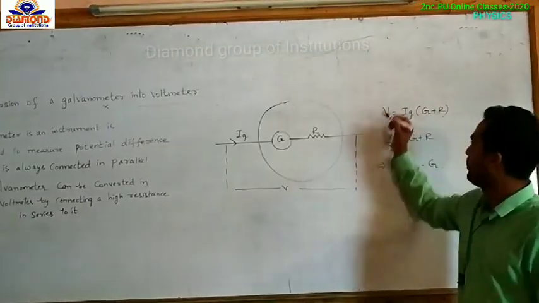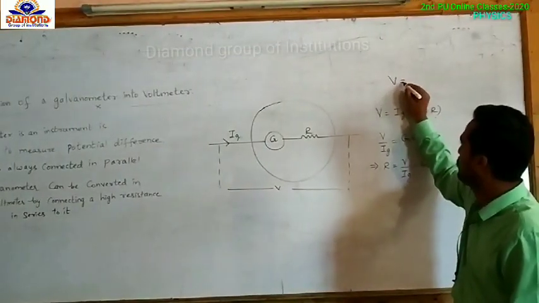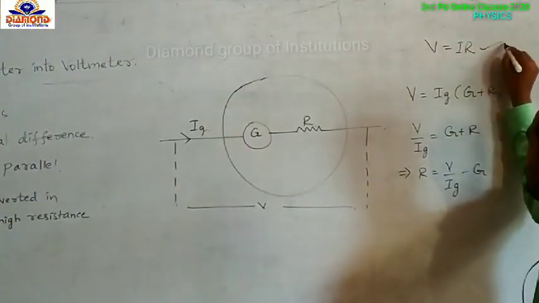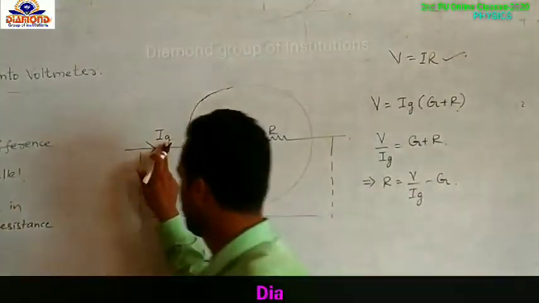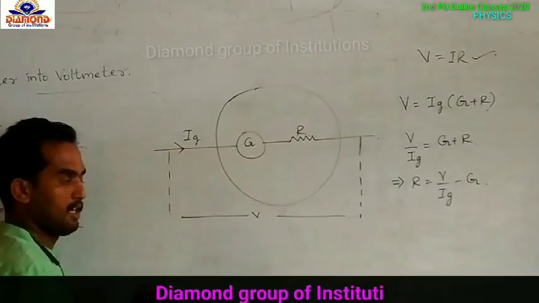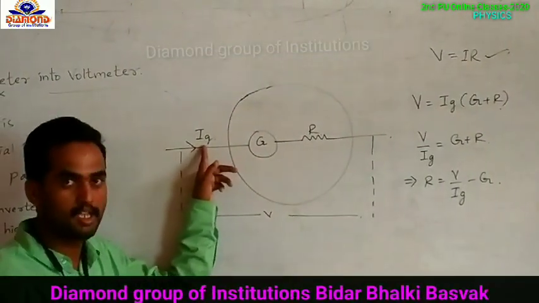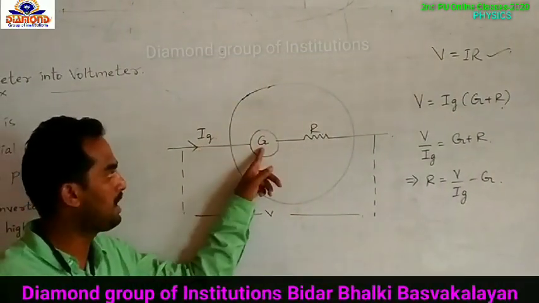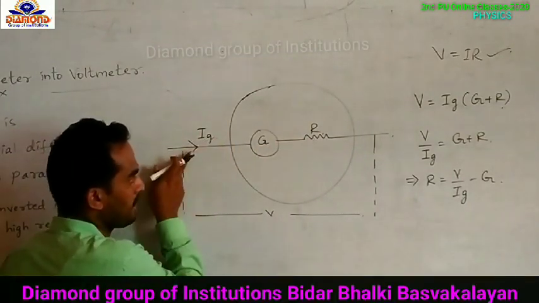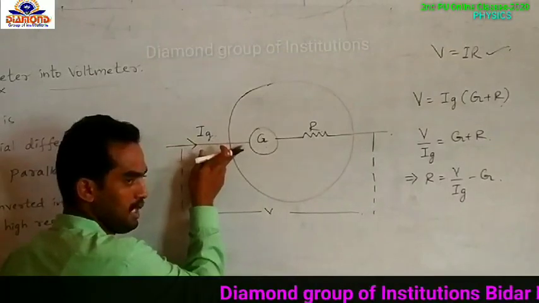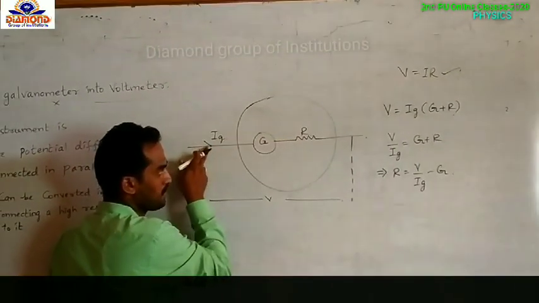So you can apply Ohm's law, V equals I into R. Here, the current Ig passes through G as well as R, because it has only a single direction.